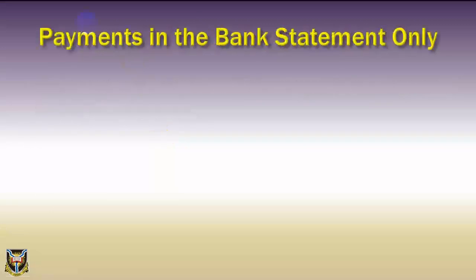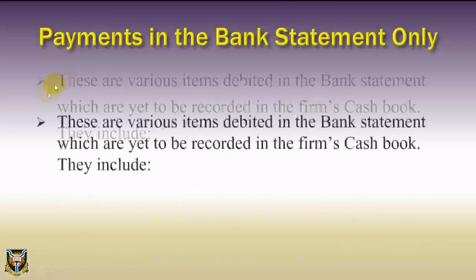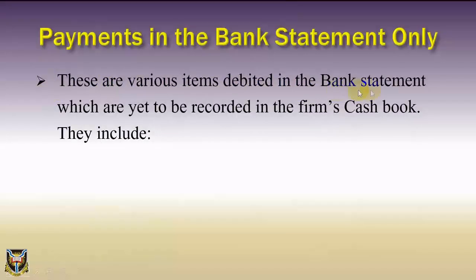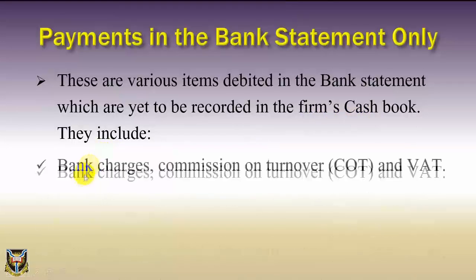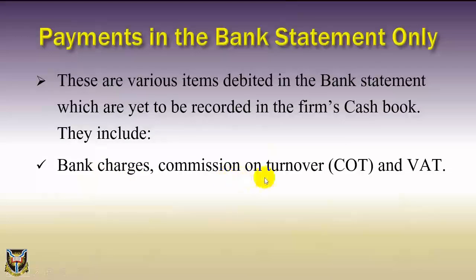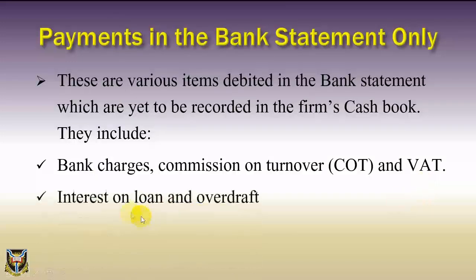Payments in the bank statement only. These are various items debited in the bank statement which are yet to be recorded in the firm's cash book. They include: 1. Bank charges, commission on turnover, COT, and VAT. 2. Interest on loan and overdraft. 3.